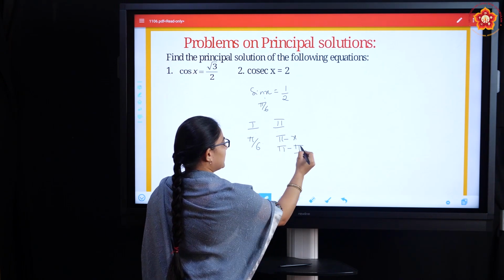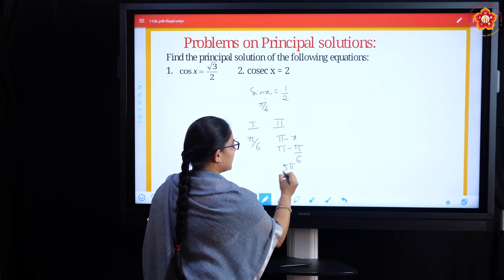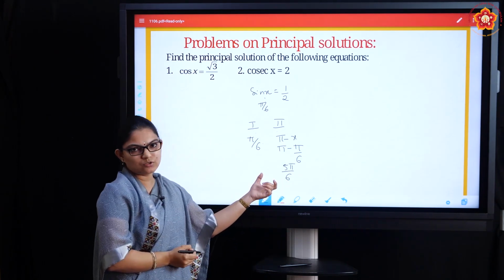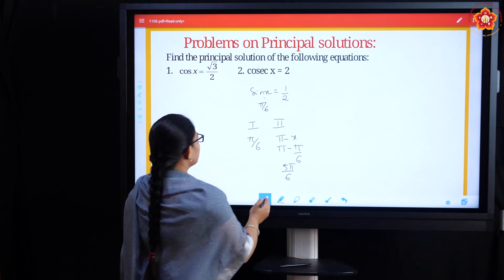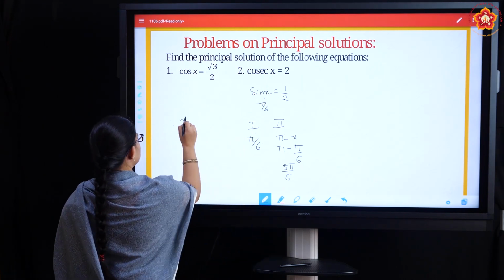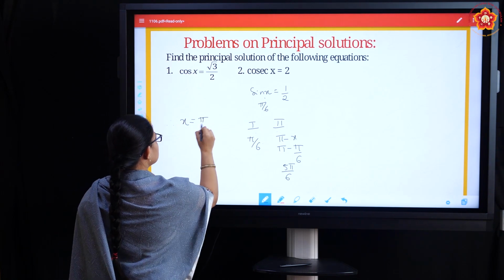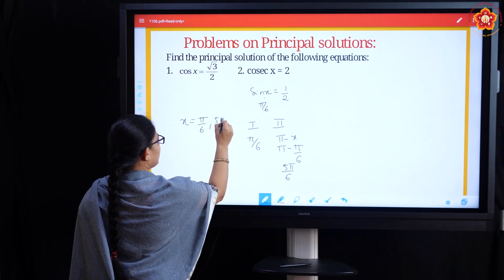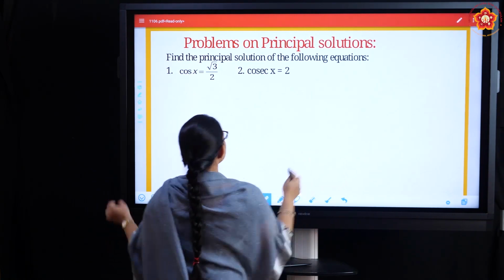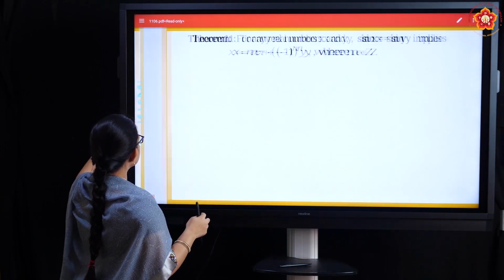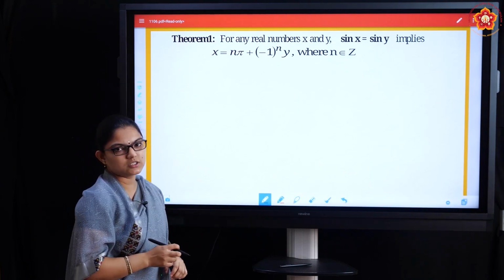So that is 6 pi minus pi, that is 5 pi by 6 is the required second quadrant angle for which we get cosec x to be 2. So therefore the principal solution is x is equal to pi by 6 and 5 pi by 6. So this is how we can find the principal solutions of the given trigonometric equations.